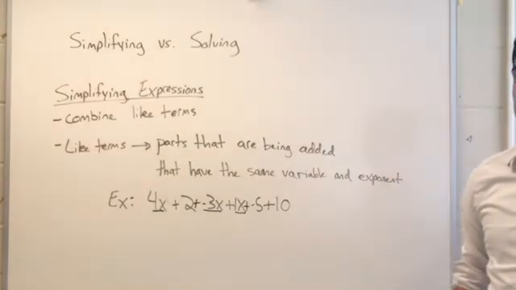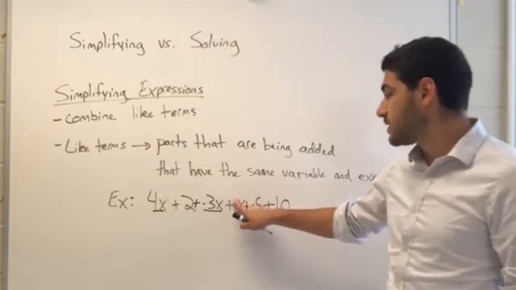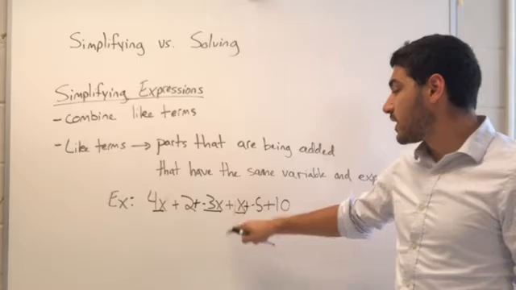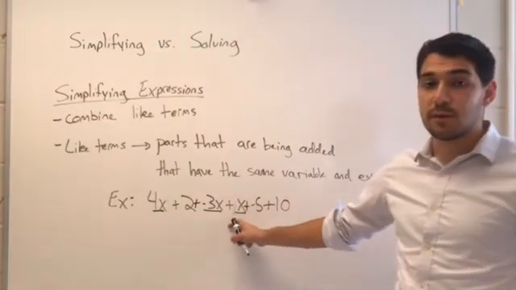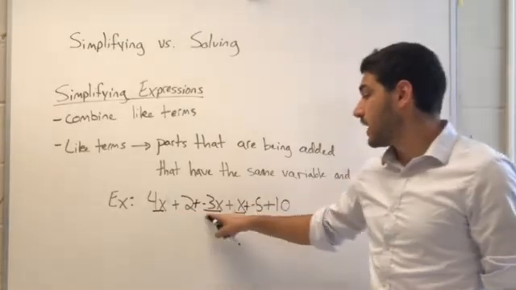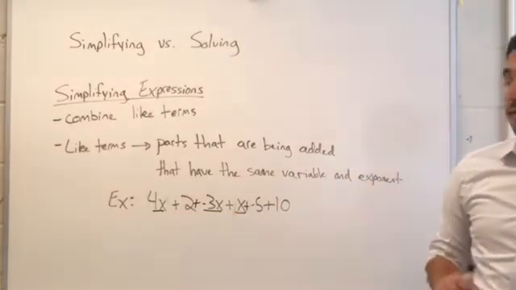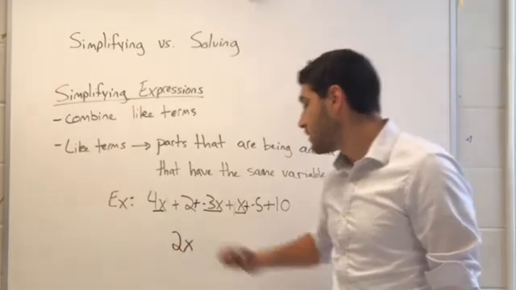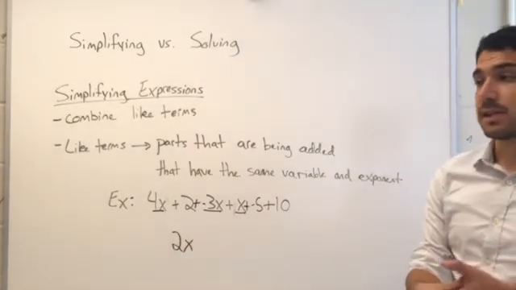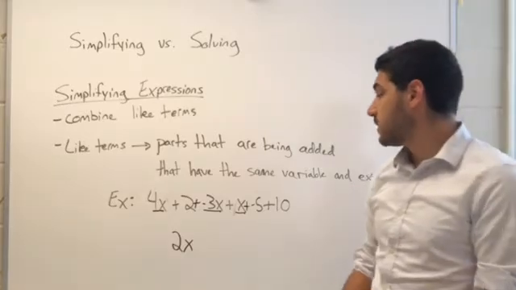You do not need to write the 1 because it's redundant. It means the same thing. So when we combine these, we have 4, negative 3, and a positive 1. When you add those together, you get a total of 2 x's. So we're combining those three terms into 1 to get 2 x's.